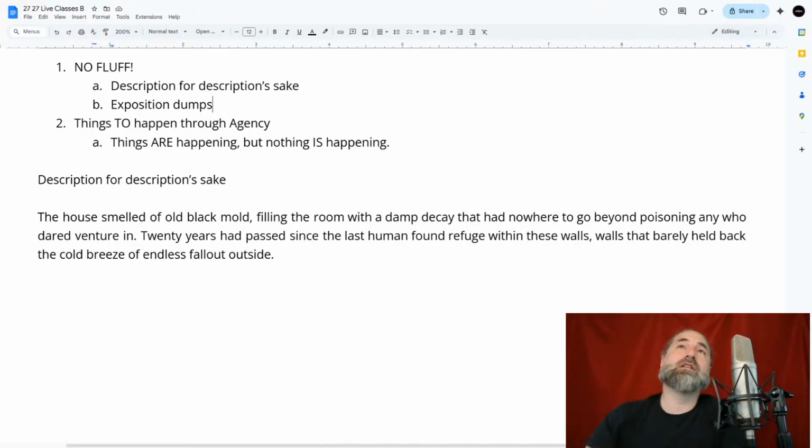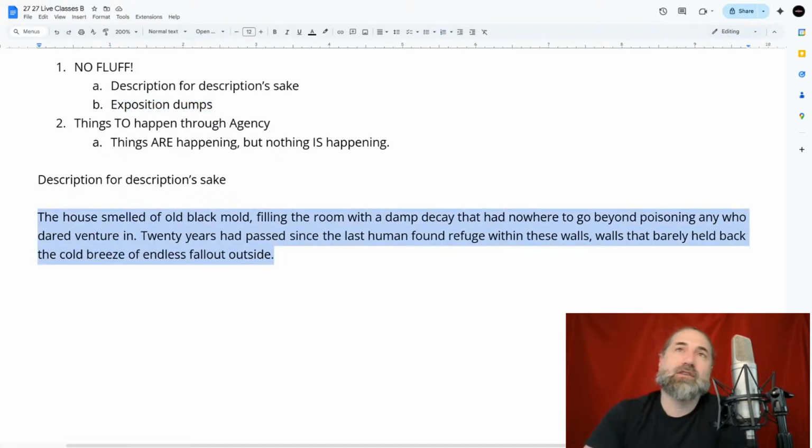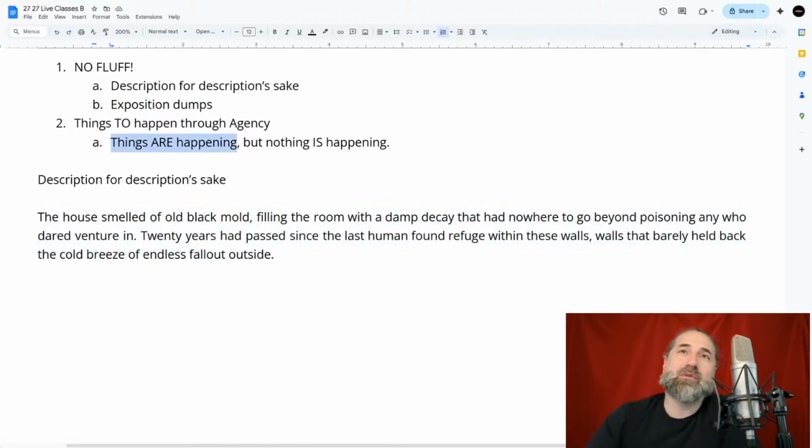This also is exposition dumping. So ultimately nothing happened. Yeah, things are happening. Like we're learning that the house smells and it's been 20 years, but nothing is happening.